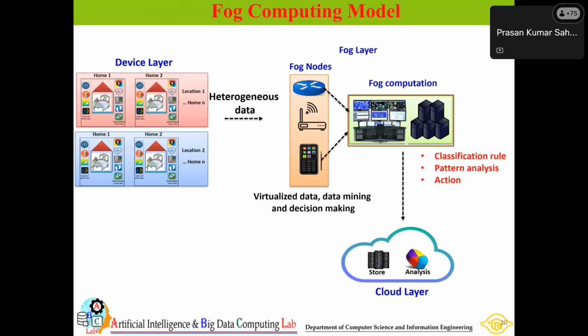We can also consider devices that generate heterogeneous data, and those data can be transmitted to the fog nodes, that is, the virtualized data centers, and we can use data mining techniques to develop decision-making algorithms. So we can consider one as the device layer, another as the fog layer, and the core computing platform as the cloud layer.